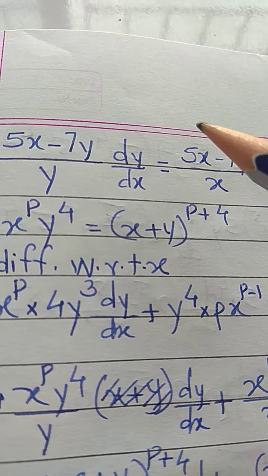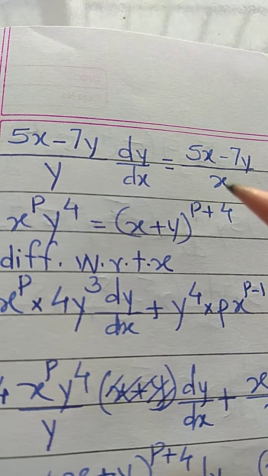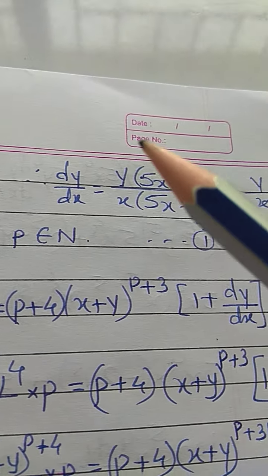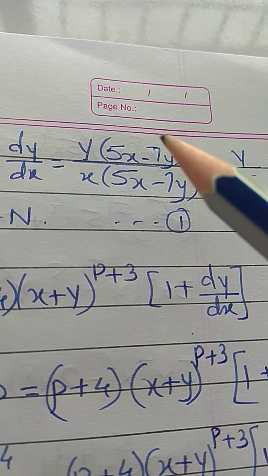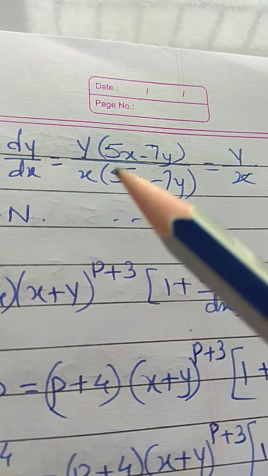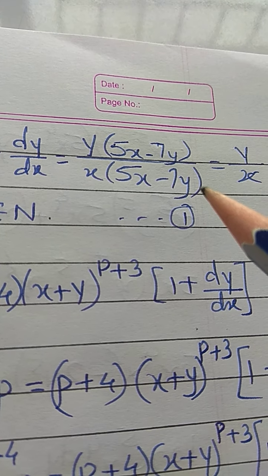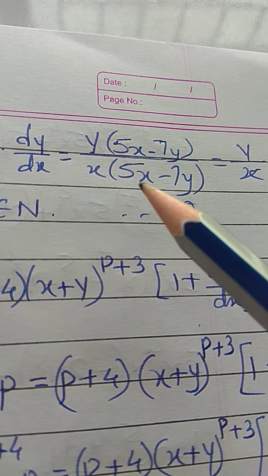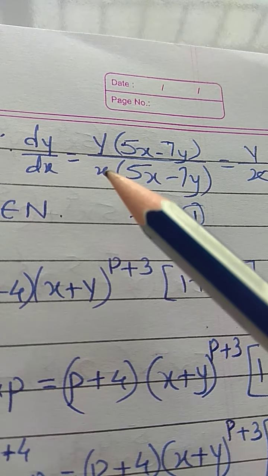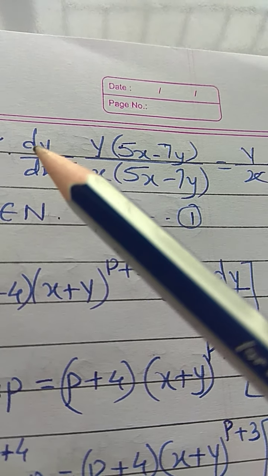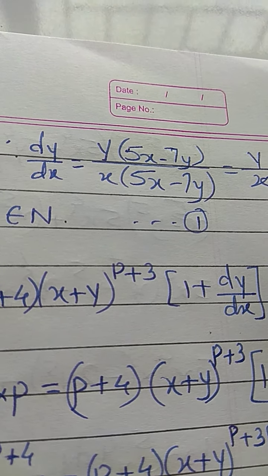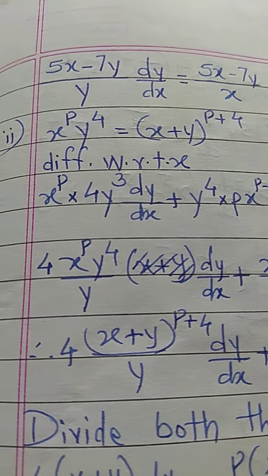This y will go up and this (5x minus 7y) will come down. So dy by dx is y times (5x minus 7y) upon x times (5x minus 7y). (5x minus 7y) will get cancelled with (5x minus 7y). What remains is y by x. So dy by dx here is y by x.